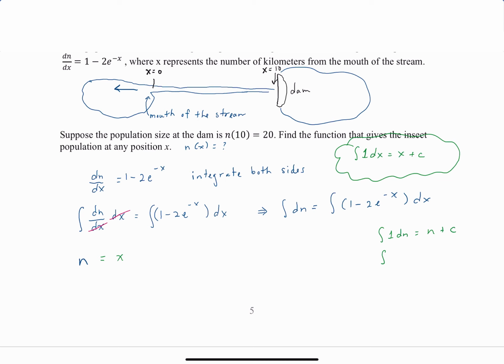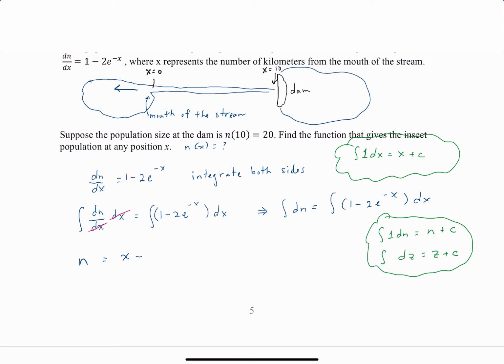So if I had, say, the integral of 1 dz, the integral of dz would be z. So that's the principle there.